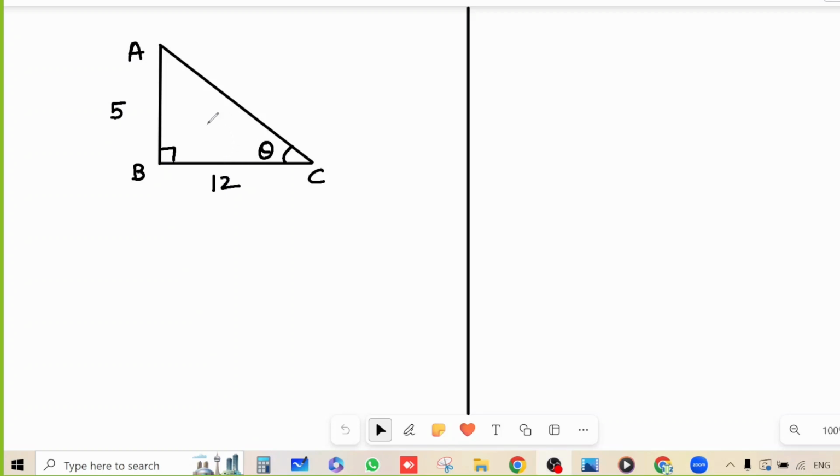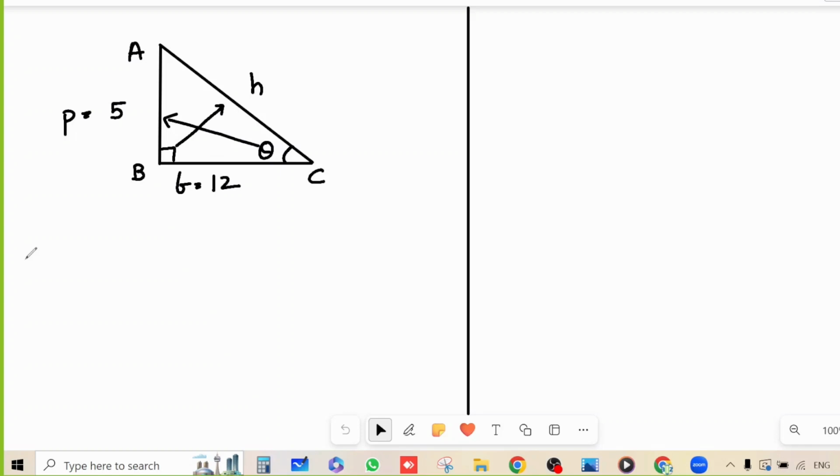So here you can see in the figure the angle theta is the acute angle, and the side which is opposite to angle theta is the perpendicular. So this side AB will be the perpendicular. The side which is adjacent to angle theta will become the base, and the side which is opposite to the right angle will become the hypotenuse.